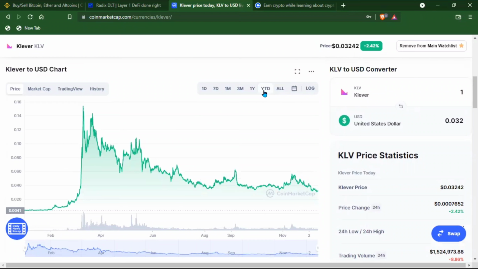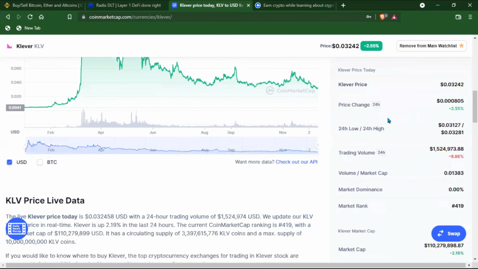This is the 1 year chart, where the highest has been 14 to 16 cents, and after that, as you can see, it's on a downward spiral, and the coin price now is 3 cents. So this is the price today, the volume and all of that.